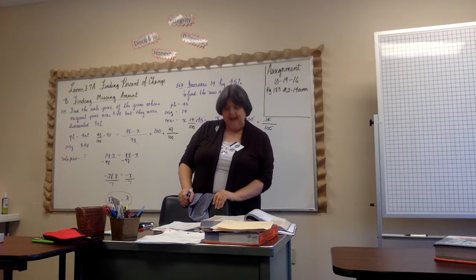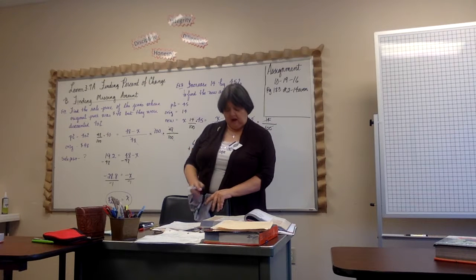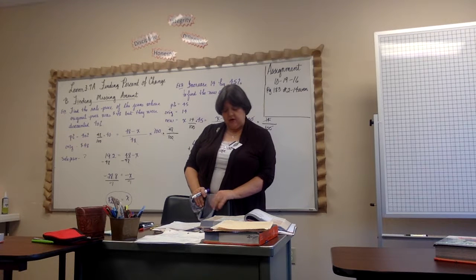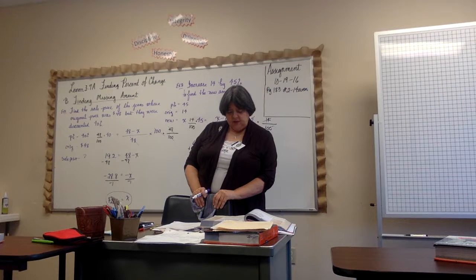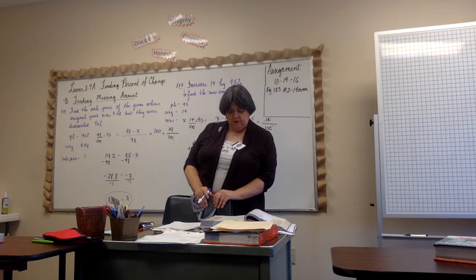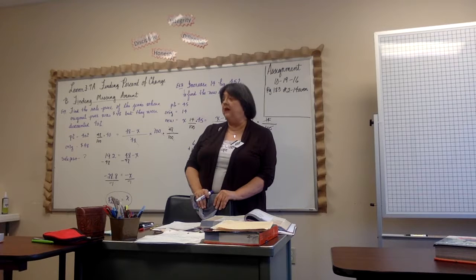But number 8 and number 10 are the newer kind, this B kind, where you know the percent of increase and you know one of the numbers, but you don't have the other one. So you find it. One is an increase, one is a decrease. And then number 12 is just a word problem, but it's similar to what I did here. And then number 14, also the same. They're just real life problems.